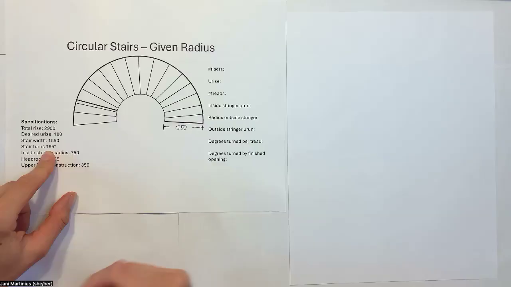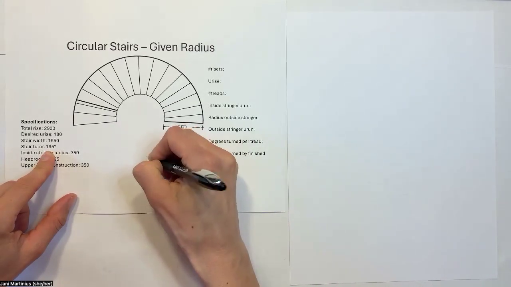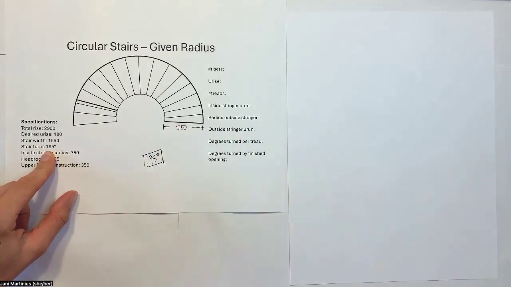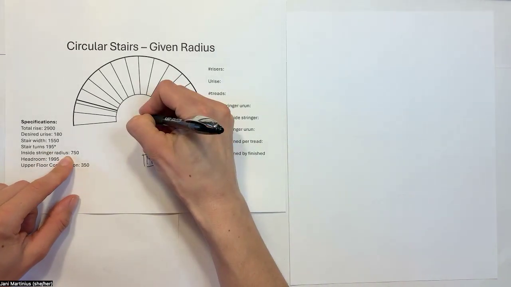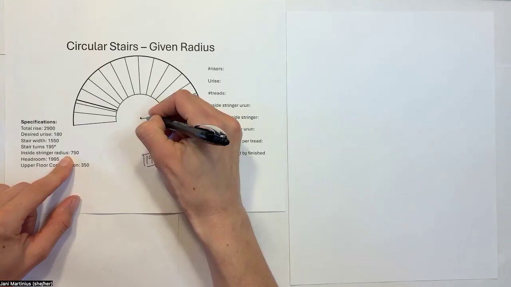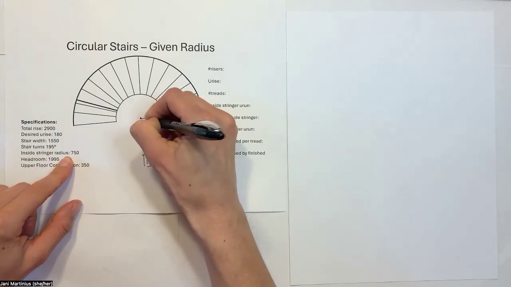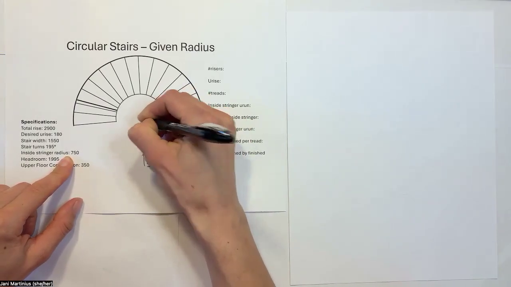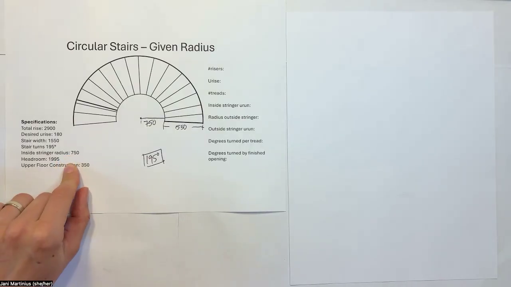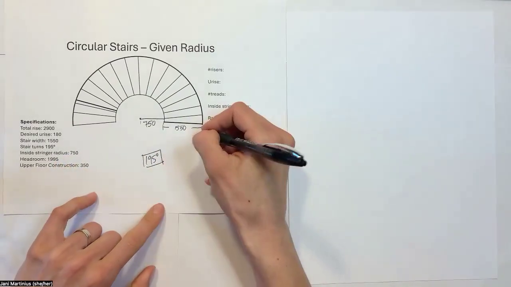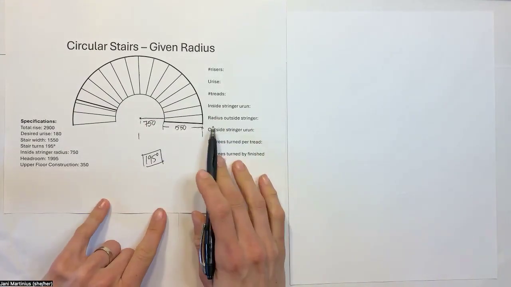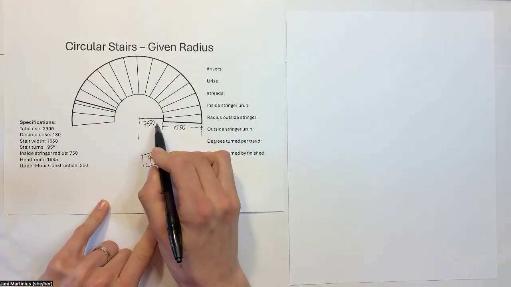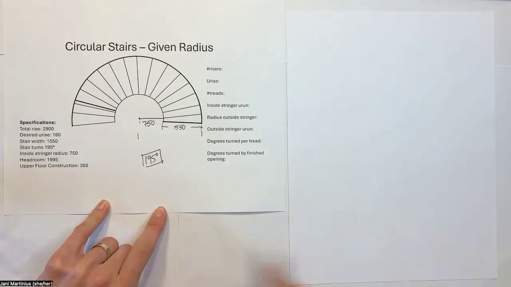We know that. Stair turns 195 degrees. I want to write that down. Inside stringer radius, so that's from the center to the radius, that's 750. So already by looking at that, later for our outside radius, we can add our inside radius plus our stair width.